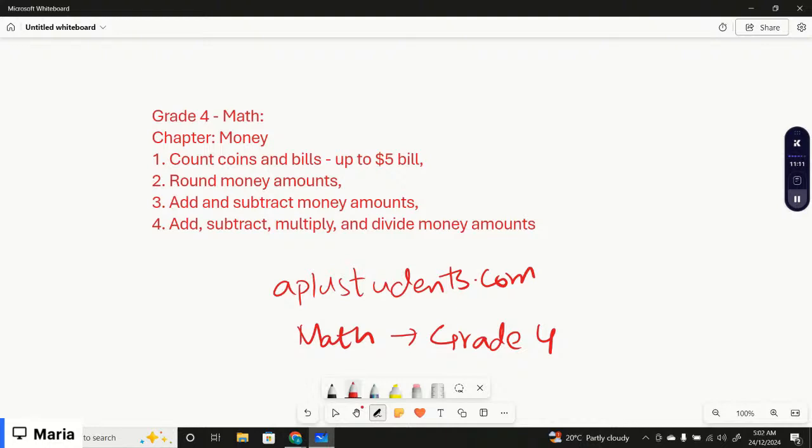The lessons we're going to cover today are count coins and bills up to $5, round money amounts, add and subtract money amounts, add, subtract, multiply, and divide money amounts.